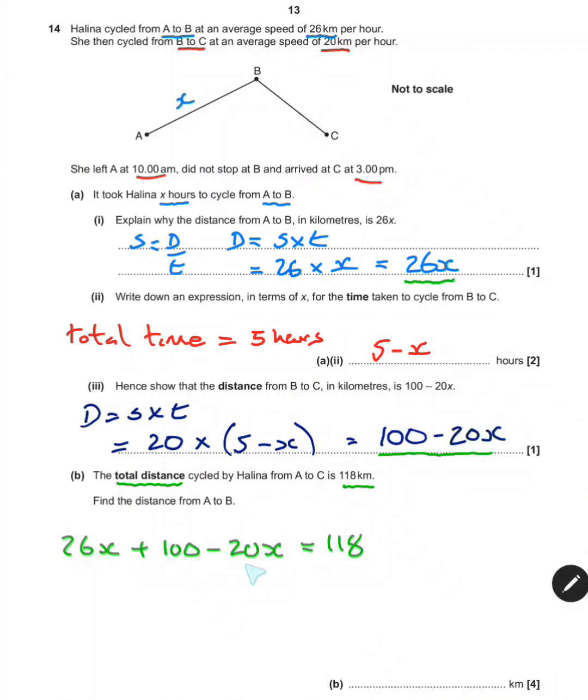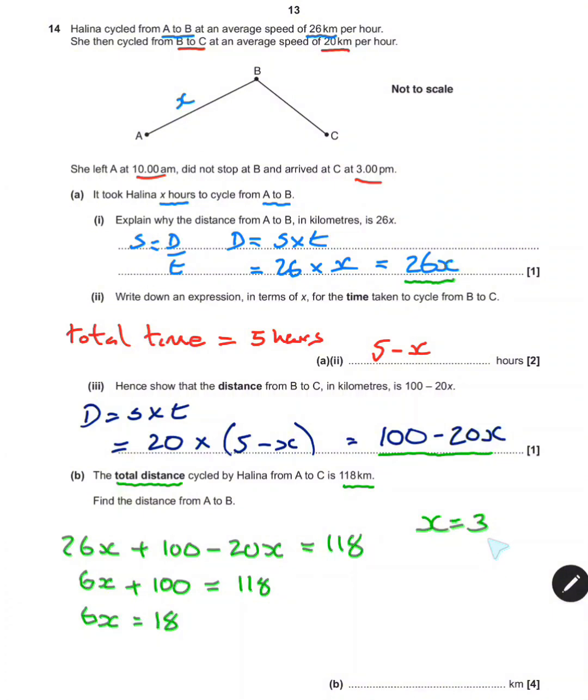Well, 26x take 20x is 6x plus this 100 equals 118. If we take 100 from both sides, we've got 6x equals 18. And then if we divide both sides by 6, you get x equals 3. 18 divided by 6 is 3.